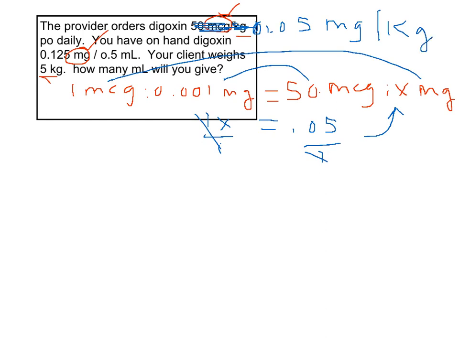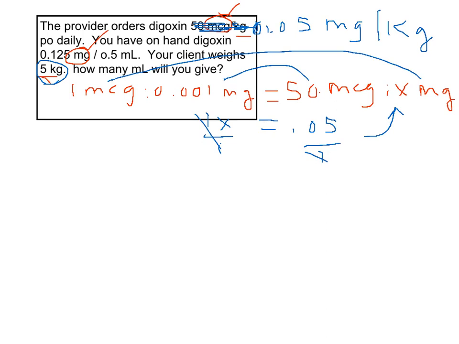So now we know that the doctor has ordered 0.05 milligrams per kilogram. So the next thing that we need to do is figure out the dose based on the weight. We know that our patient weighs 5 kilos. So in order to figure out how much we should give for a patient who weighs 5 kilos, that's just basically simple multiplication.